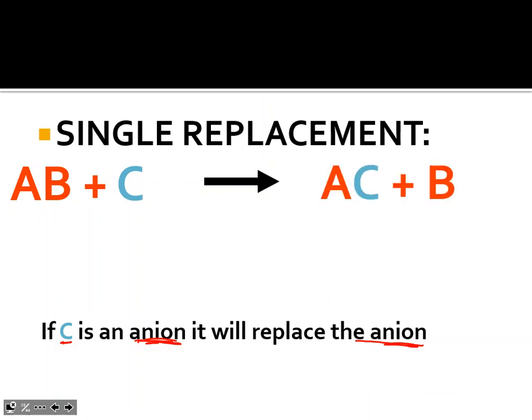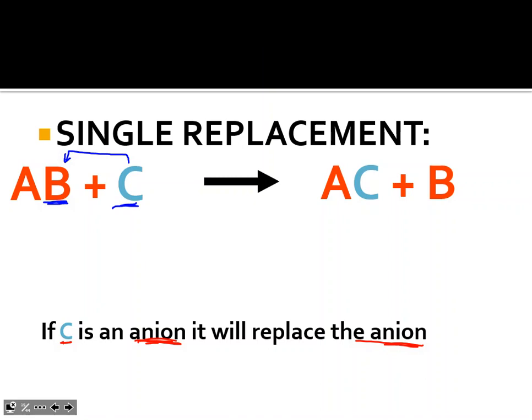As you can see, B is considered the anion here because we always write the nonmetal second in the compound, and the nonmetals are going to be the anions. They're the ones that get the negative charges. So C is going to replace B here. So that's the one type where the anion switches.